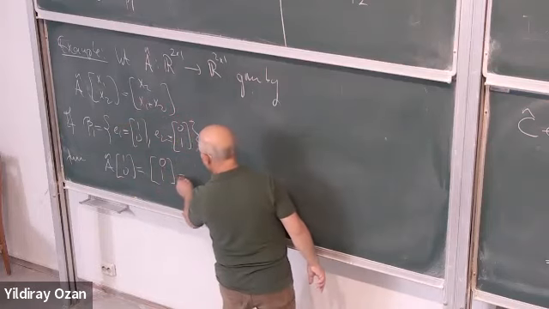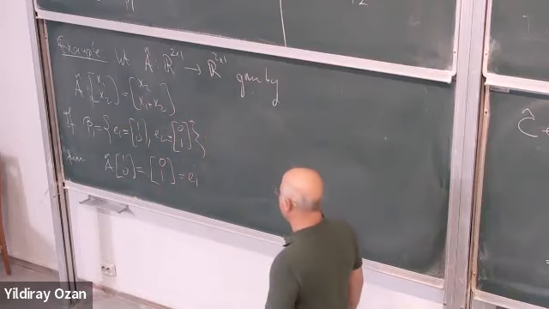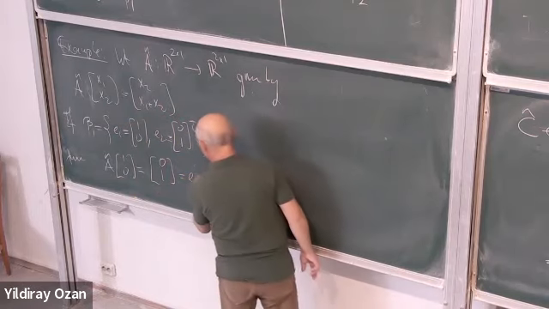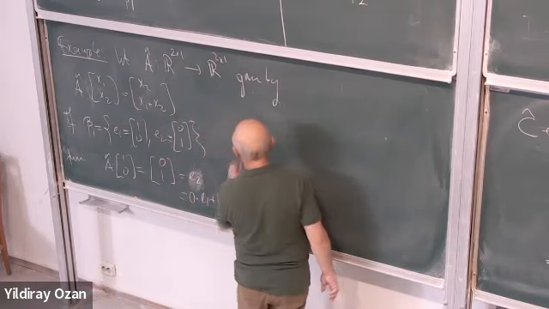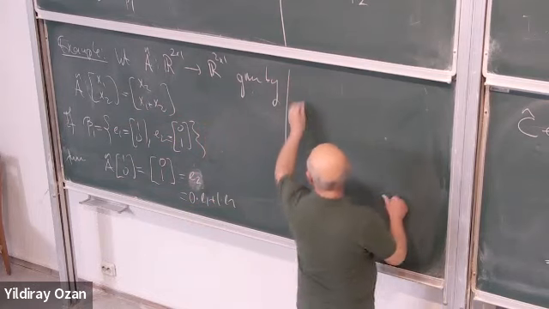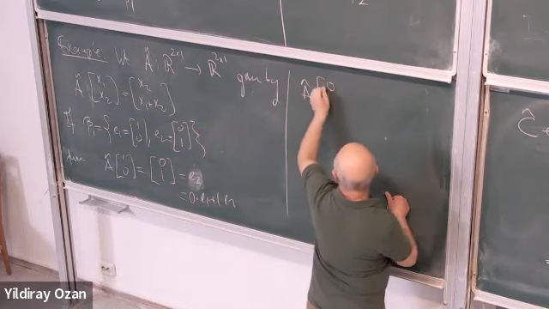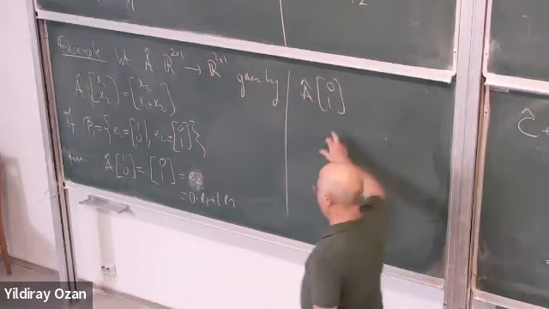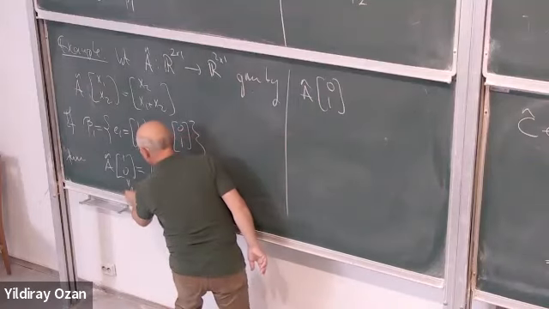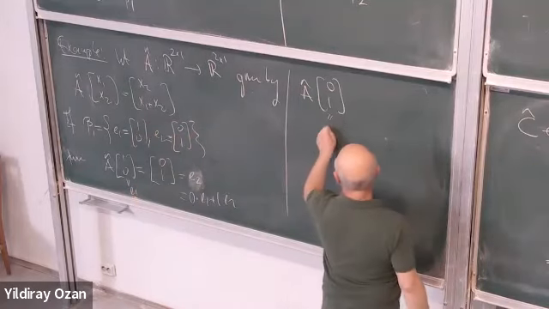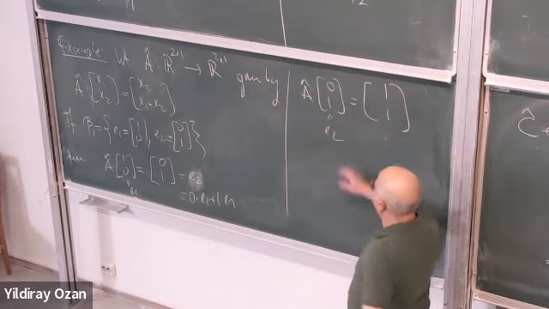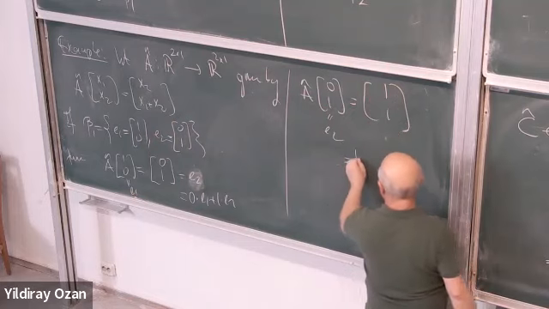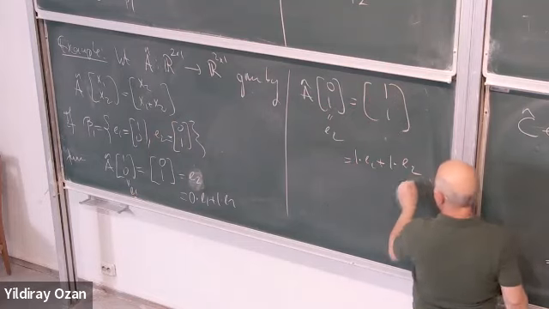This is just E2, so it's 0 times E1 plus 1 times E2. What about A hat of 0, 1? This is just 1, 1. And what is this? This is just 1 times E1 plus 1 times E2.